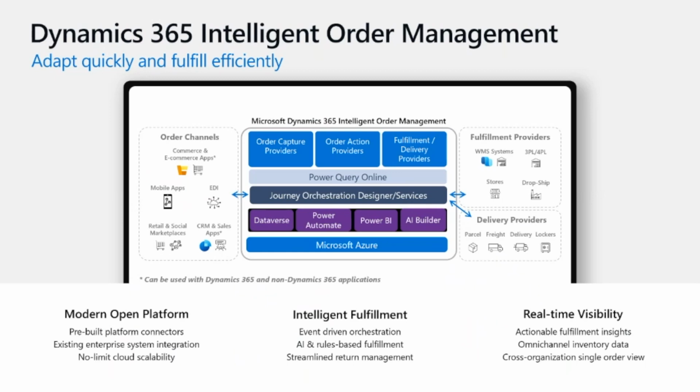So there are a set of action providers that are available that work through the order orchestration journey. And then we also have a set of providers that would do the fulfillment. For example, you would have integrations with your 3PL or your dropship vendors to do POs, as well as delivery providers. So the IOM will ship with all of this.